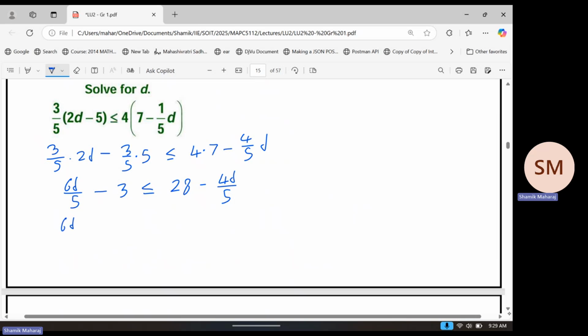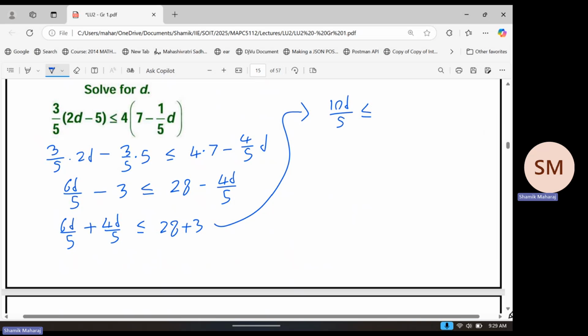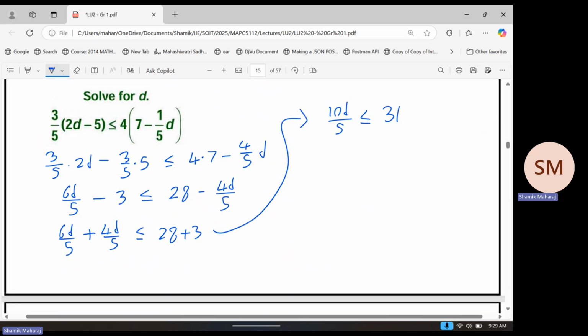So on the left, we have a 6d/5. We can bring the 1 from the other side, which gives us a positive 4d/5. Then we have 28 plus 3 on the right-hand side. Now let's move this up here. Left-hand side, 6 plus 4 will give us 10d/5 less than or equal to 28, 29, 30, 31 on this side.